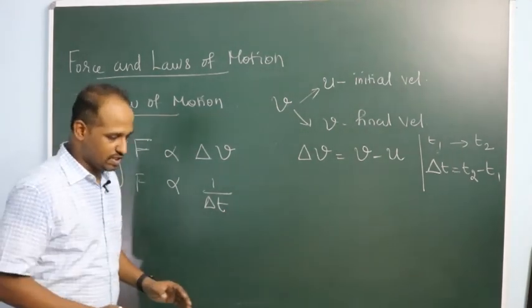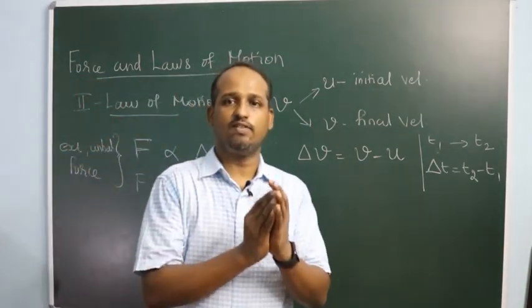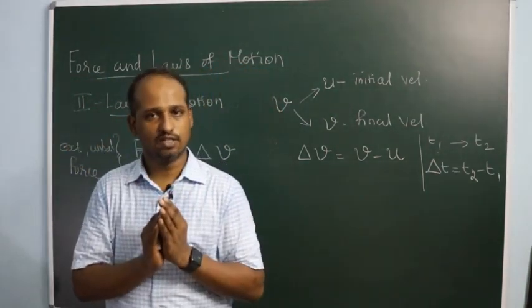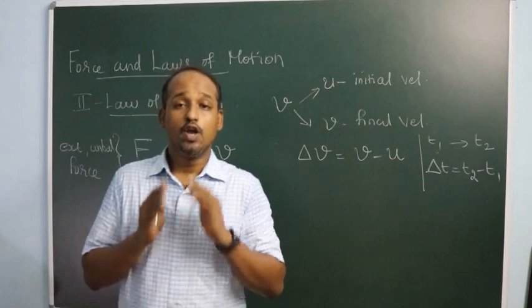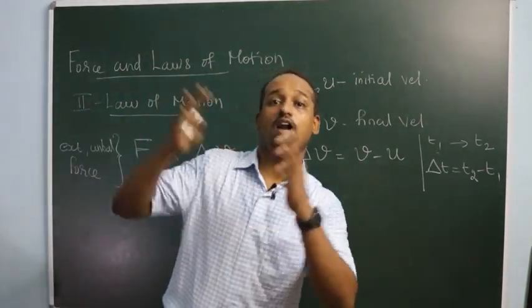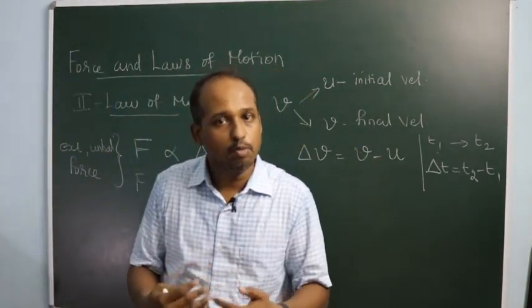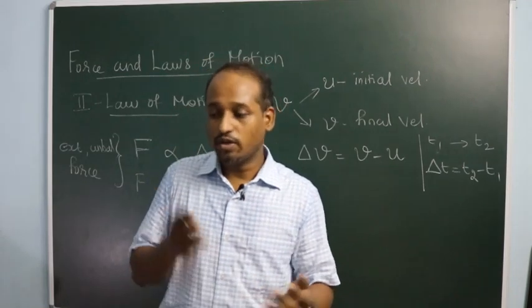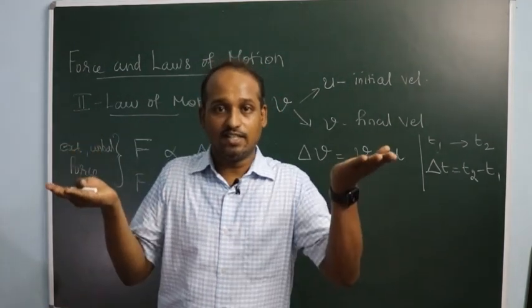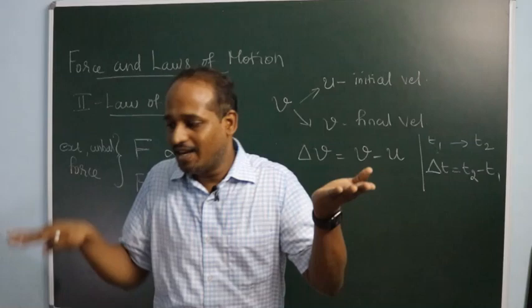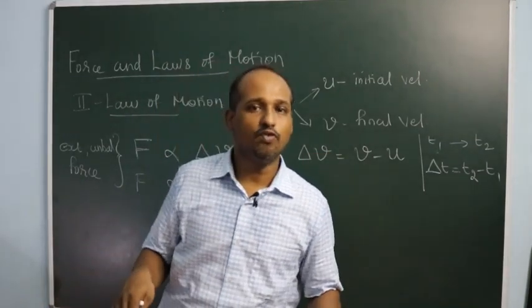And the next thing: you want a particular change in velocity on a 10 kilogram mass. Suppose some force is required. You want the same change in velocity on a 100 kilogram mass, then you need to put in lots of force. So the greater the mass, the greater the force required, and the lesser the mass, the lesser the force required.